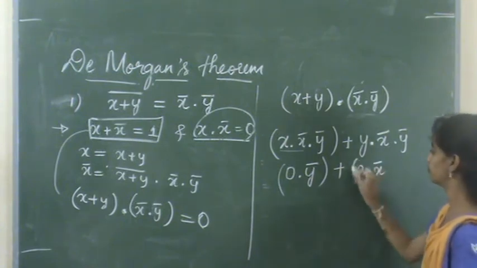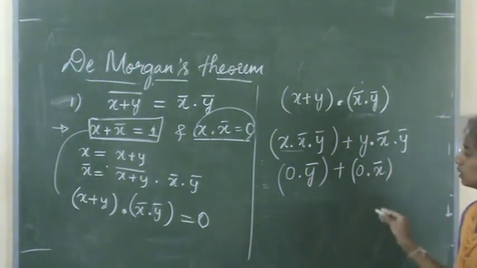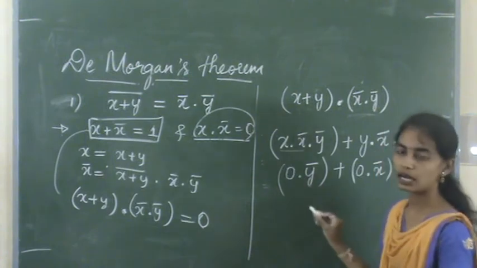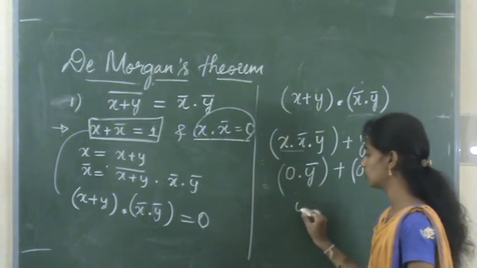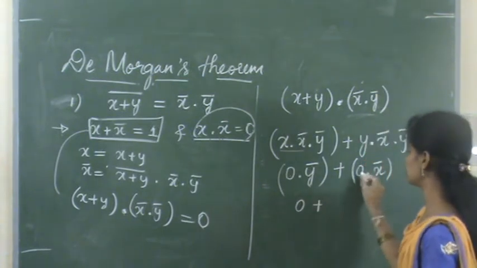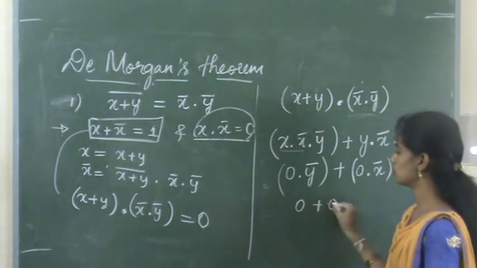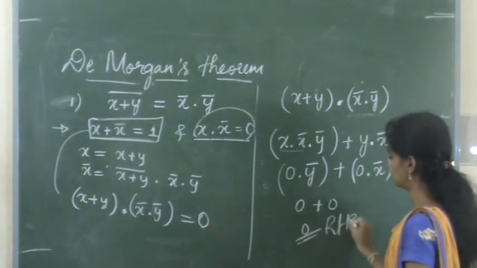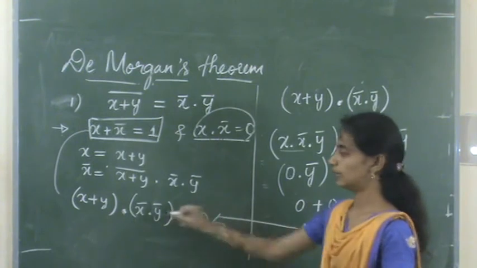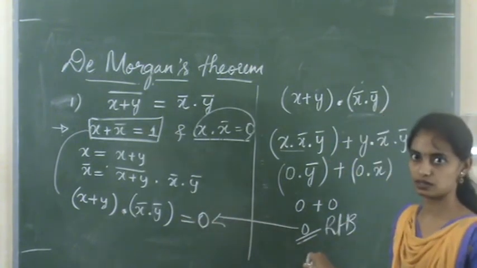So now we know that according to the property of 0, 0 into anything is 0, plus 0 into anything is 0. So 0 plus 0 is 0. We prove that LHS is equal to RHS. Okay.